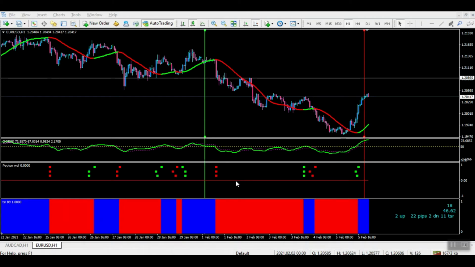This line, red right now, is the TSR on the daily. So, keeping with my way of looking at things, I really don't want to be buying when it's red. I want to be thinking about selling.